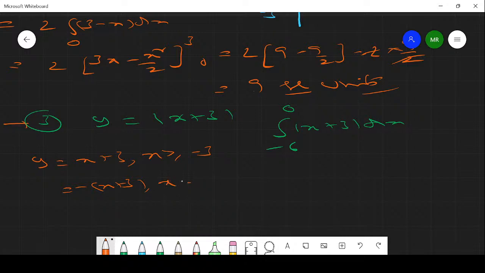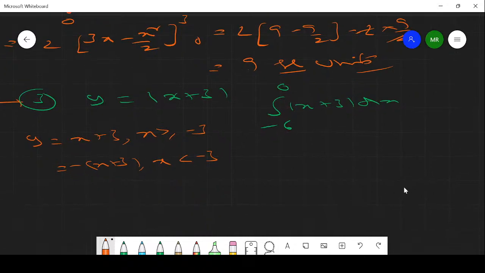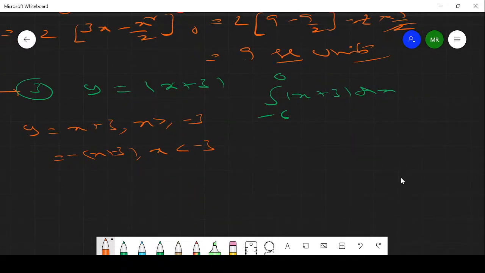That is the definition of mod. After this you can draw the graph.